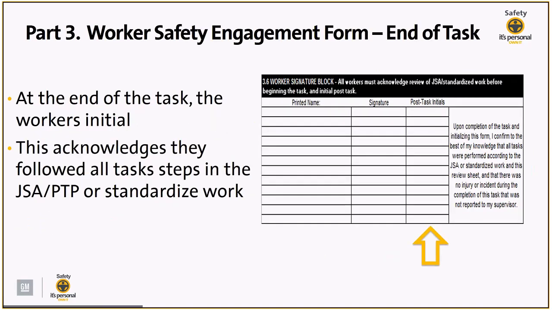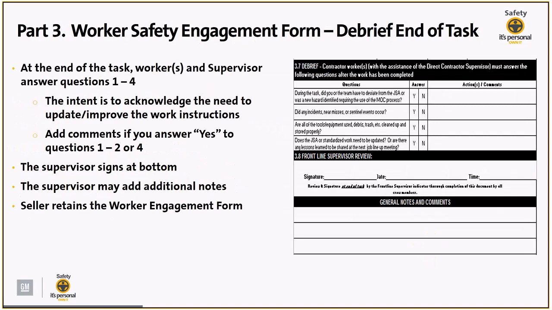Once they have completed the task, the expectation is that the worker will initial that the task has been completed, acknowledging that they followed all steps in the JSA and pre-task plan or standardized work. Then there is a debrief with the leadership, the contractor leadership or direct supervisor, and the workers, and they work together to answer questions 1 through 4.